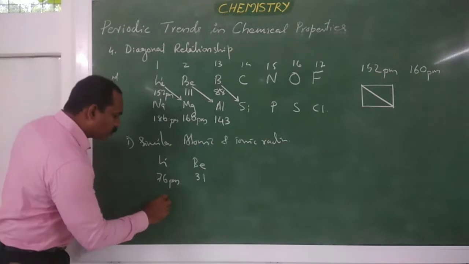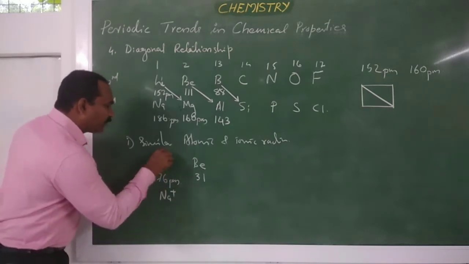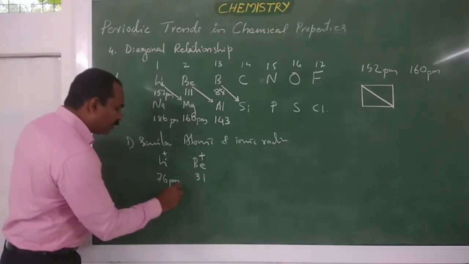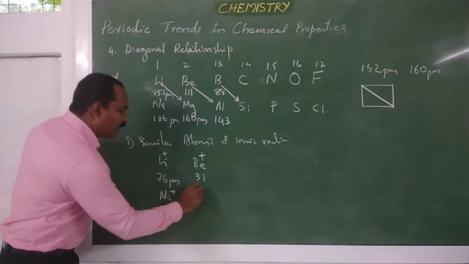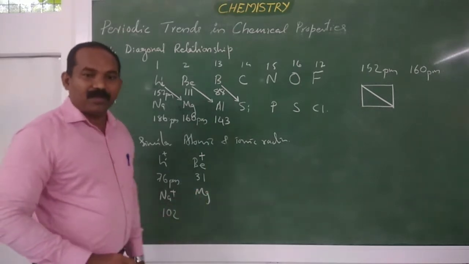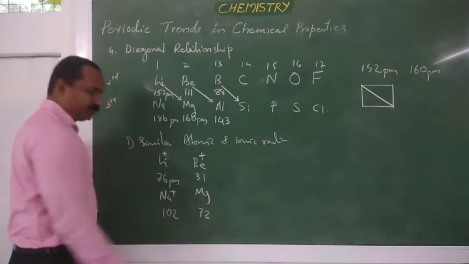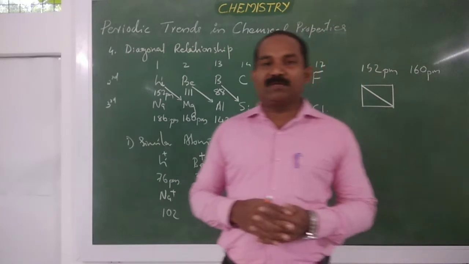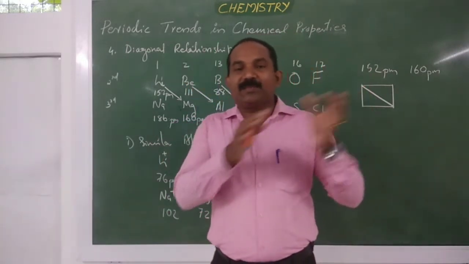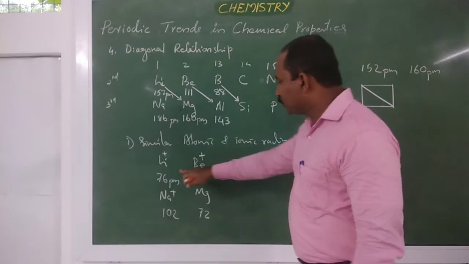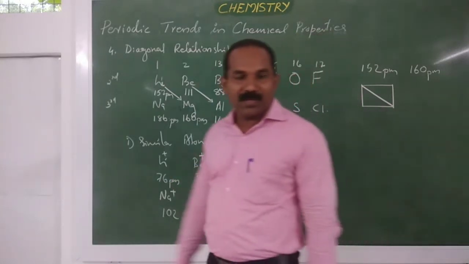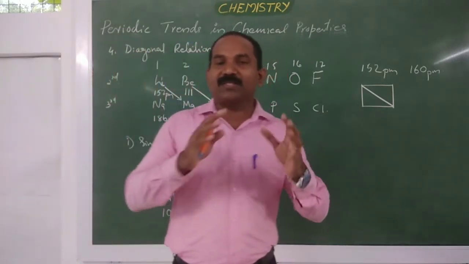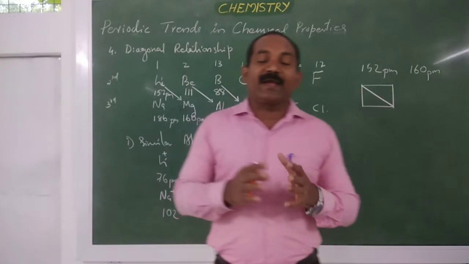Sodium ion is 102, and magnesium 2 plus is 72. So there is similarity in the ionic radius also, 76 and 72. Such a relation is called diagonal relationship.